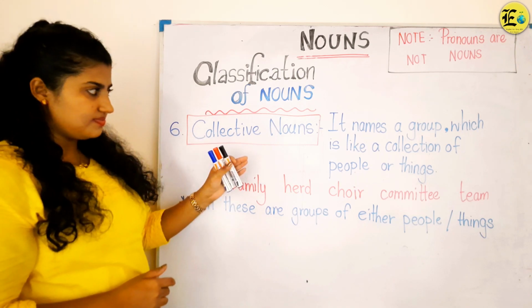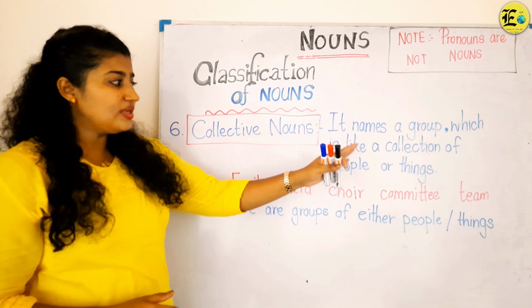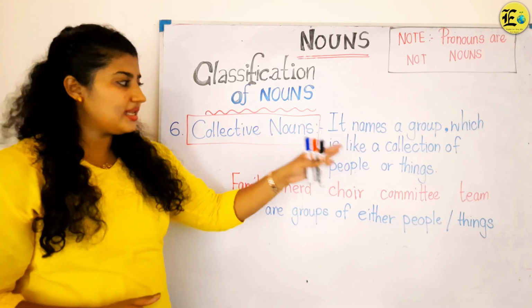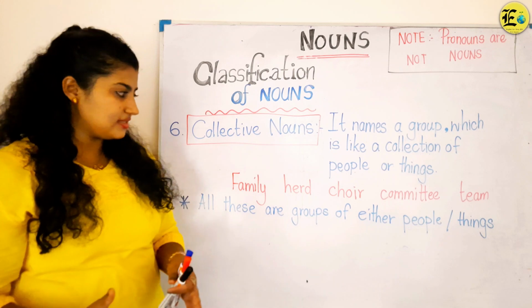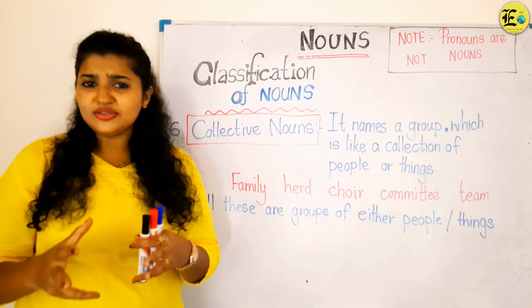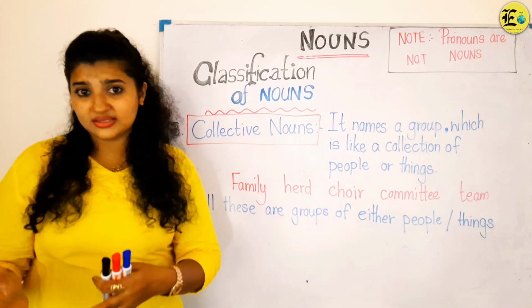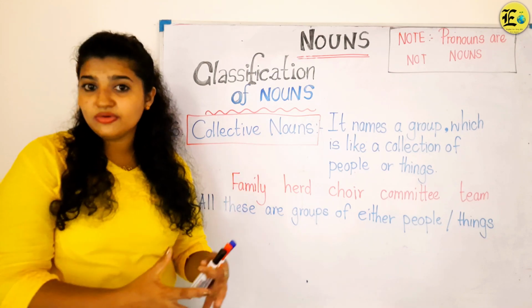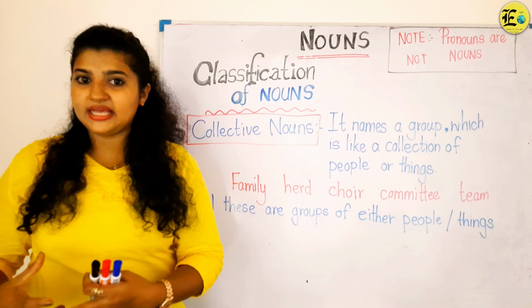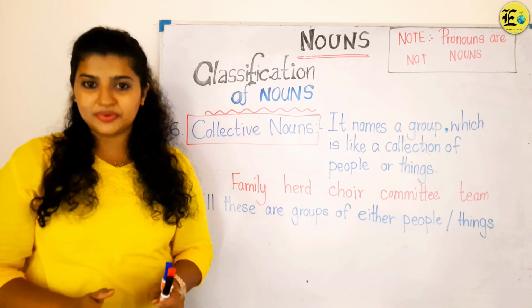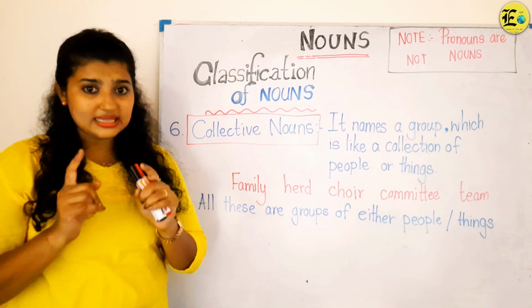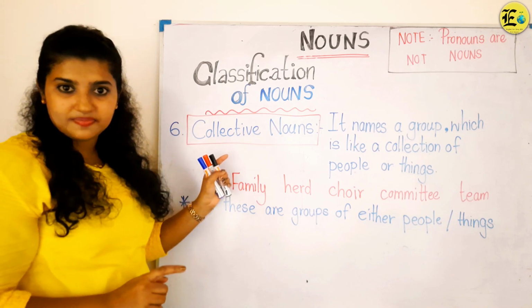Collective nouns name a group, which is like a collection of people or things. So wherever you see a collection, it could either be people or things. Or if they are in groups, formed in some particular place for a particular purpose, then they are collective.